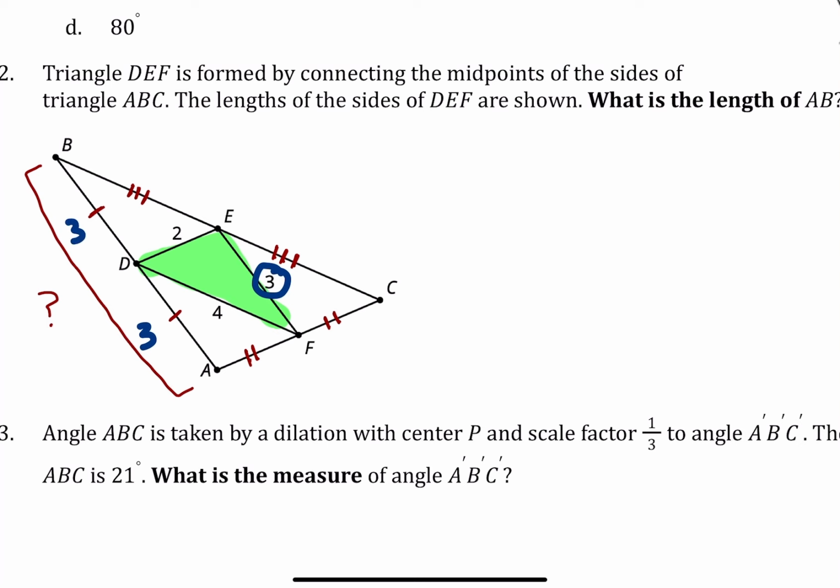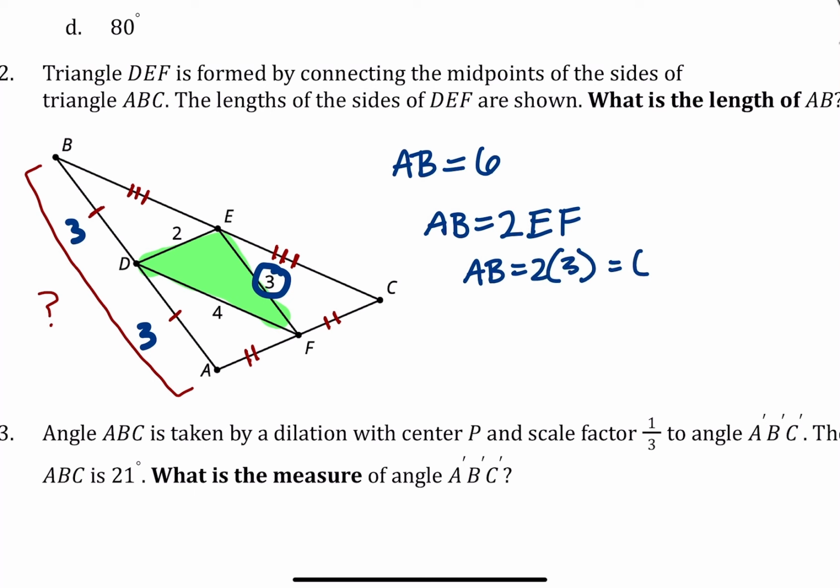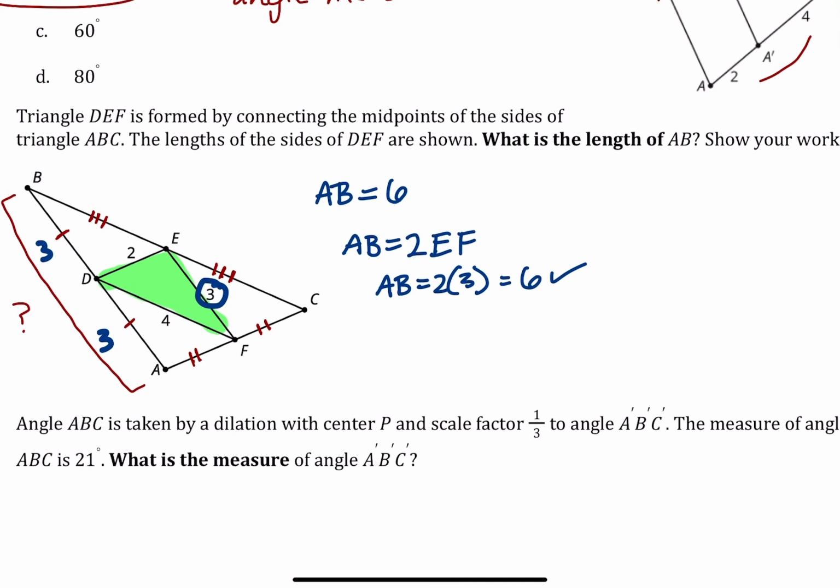So I'm going to say AB equals 6 because AB is equal to 2 times EF, and EF is 3. So there we go. That is my reasoning, and I'm showing my work. It is twice the length of EF, or FE if you want to name it in that direction, but either way.